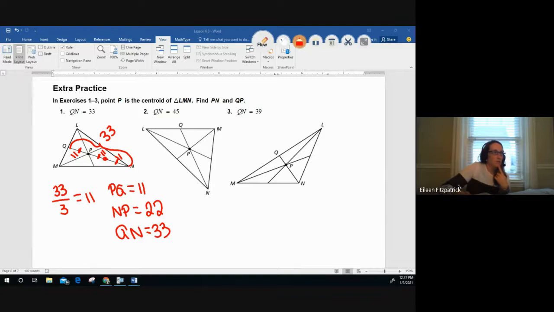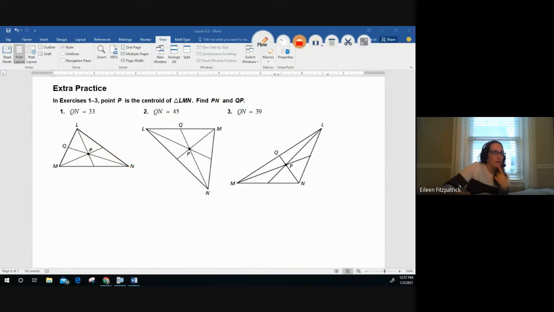All right, let me do one more to illustrate that again. So this time you're given NQ, the entire thing is 45. This segment is 1/3. I'm going to take the 2/3, break it in half so that I have 1/3, 1/3, 1/3. Take 45, divide it by 3 to get 15.